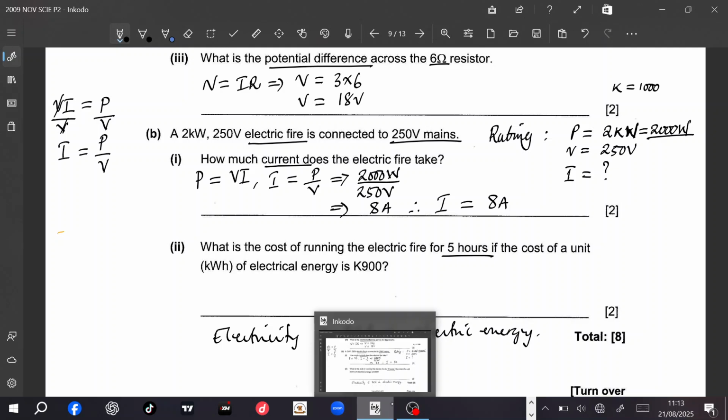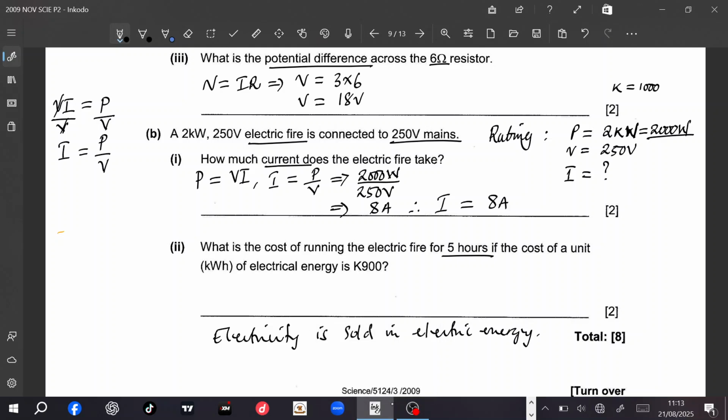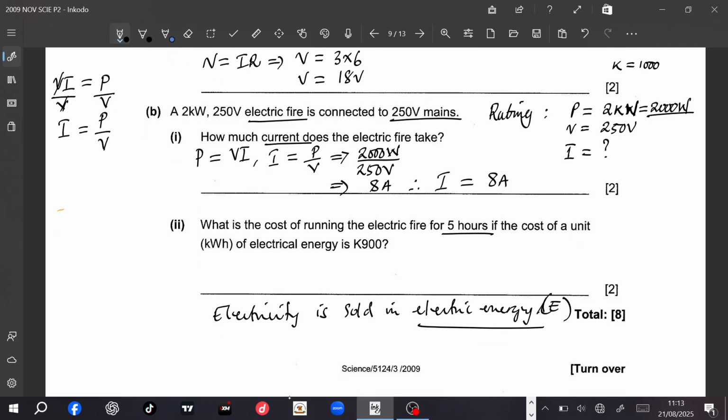So for you to know how much it will cost using this electric fire for 5 hours, you must know how much electric energy it will consume during those hours. Electric energy, I'll put E, that's the symbol we use. So you must first know how to find electric energy. Electric energy is equal to power times time.